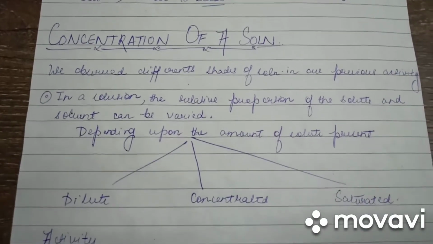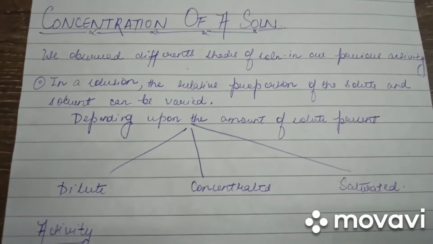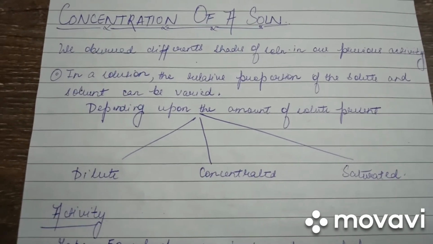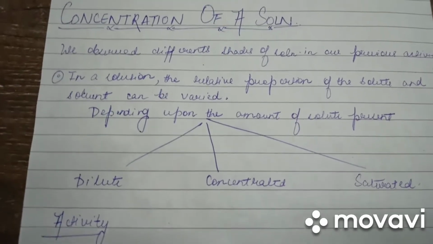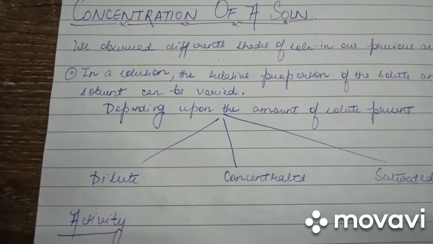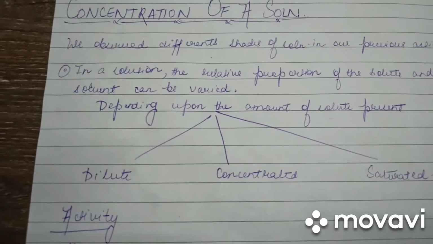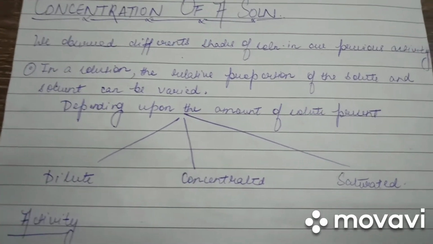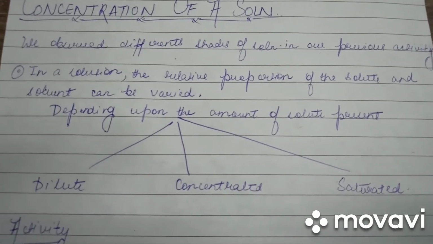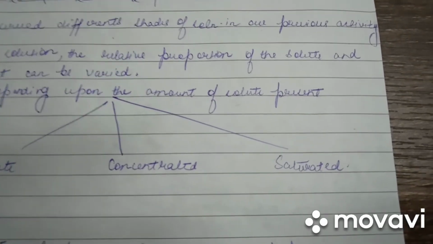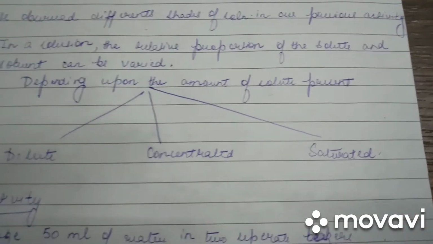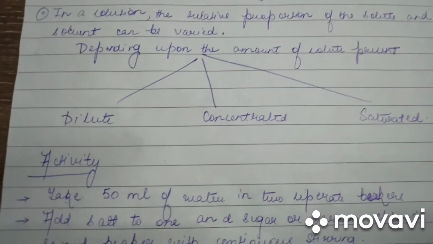Depending upon the amount of solute present, our solution can either be dilute, concentrated or saturated. The solutions are dilute when the amount of solvent is more. They are concentrated when the amount of solute is more. And we shall be discussing saturated and unsaturated solutions with the help of this activity.